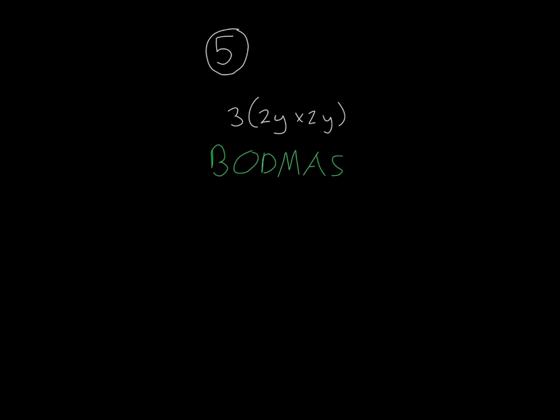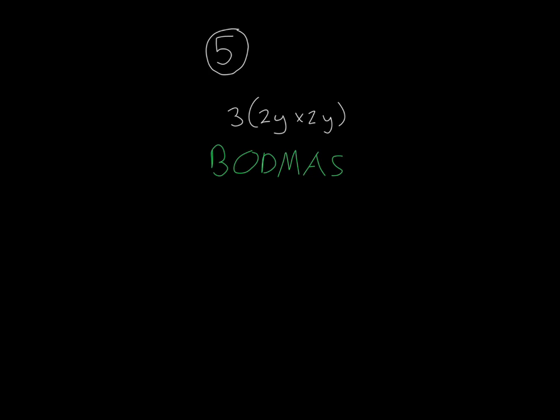Question 5. We are asked to simplify the following expression. Now remember the rules of BODMAS, where the B stands for brackets, the O stands for of, the D stands for divide, M stands for multiply, A stands for addition, and S stands for subtraction.